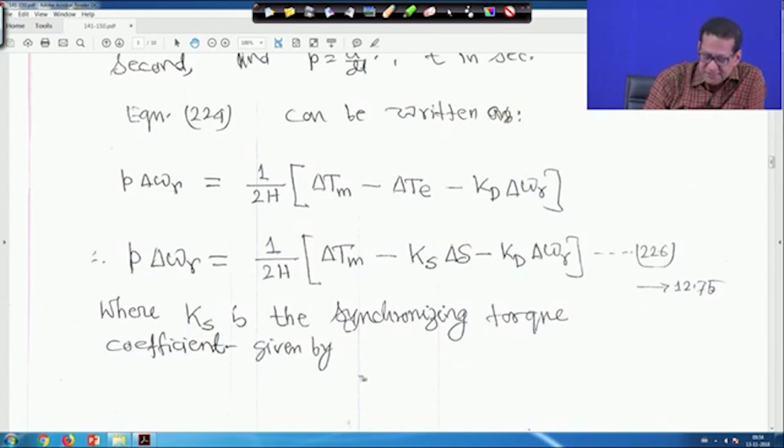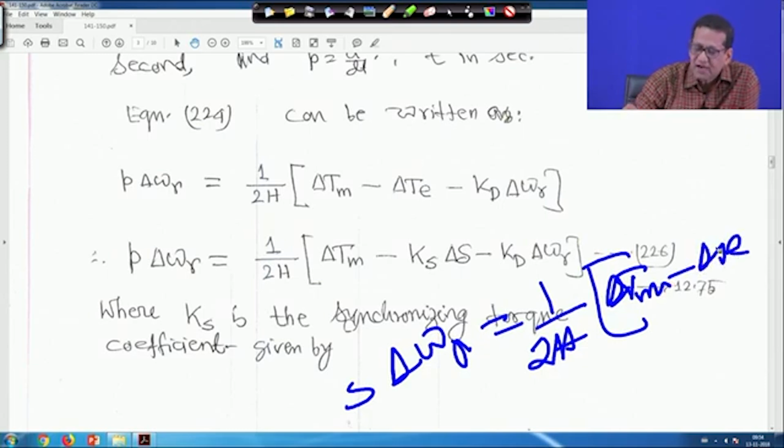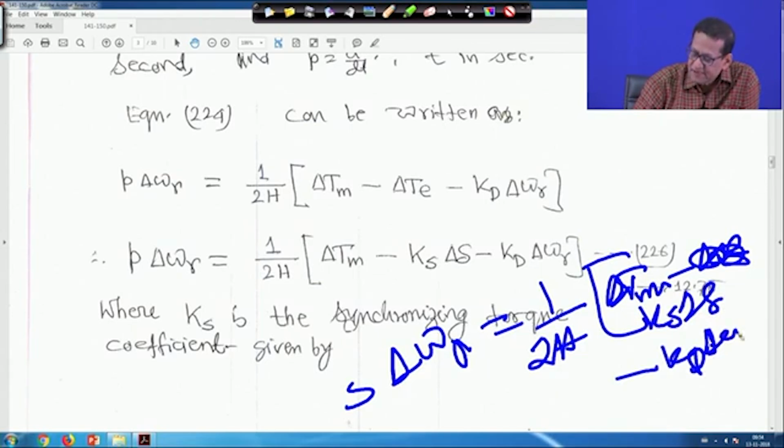So, S delta omega r is equal to 1 upon 2H in bracket delta T_m minus delta T_e, minus K_S delta, then minus K_D delta omega r.